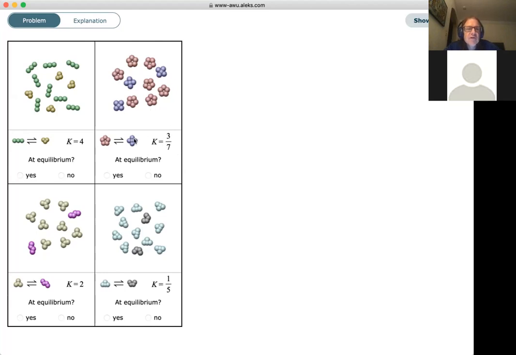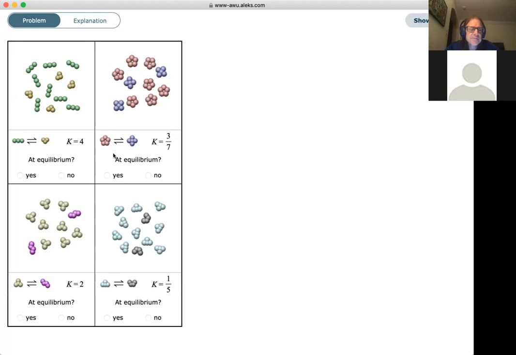But let's see. So the little plus signs, we have 1, 2, 3. So far so good. And then the little pentagons, we have 1, 2, 3, 4, 5, 6, 7. Did I get that right? Yeah, so that works out 3 to 7, right? There's 3 products and 7 reactants.